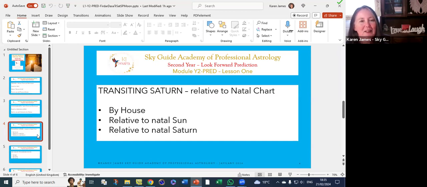All right. The last 2 techniques for this evening's lecture is transiting Saturn. Remember, for the ancients, Saturn was the slowest planet. It is a time lord on its own. In the ancient Greek, they called it the chronocrator, which literally means time lord.